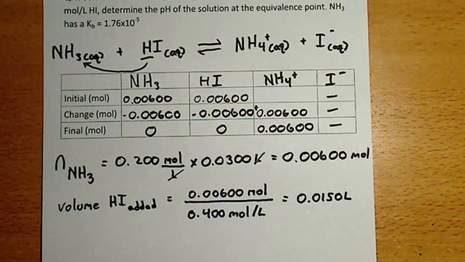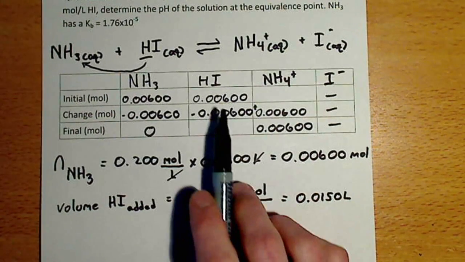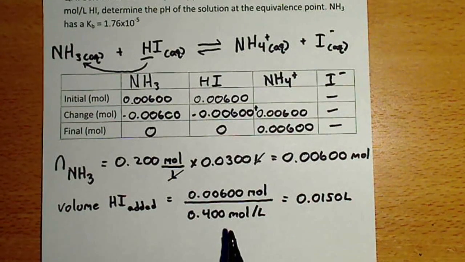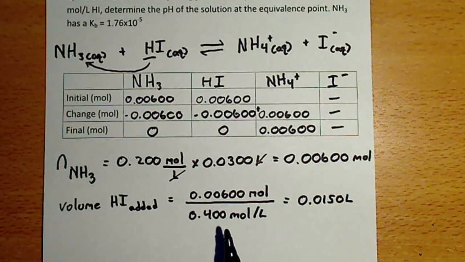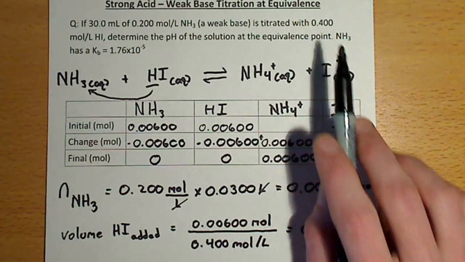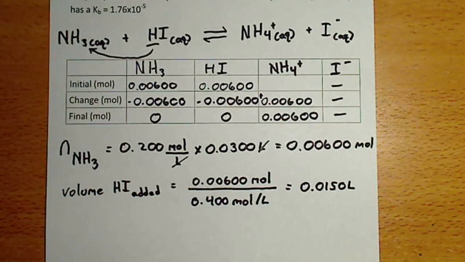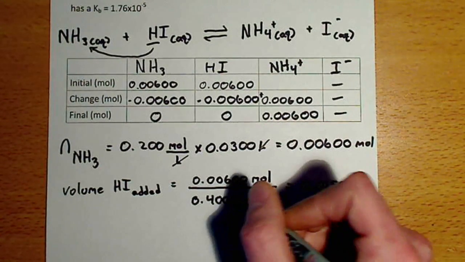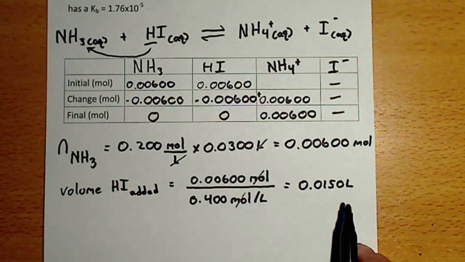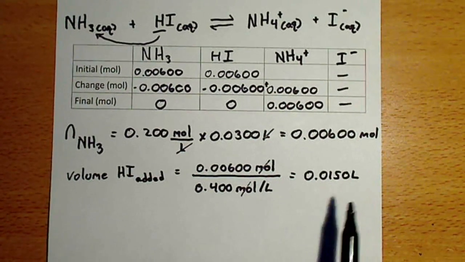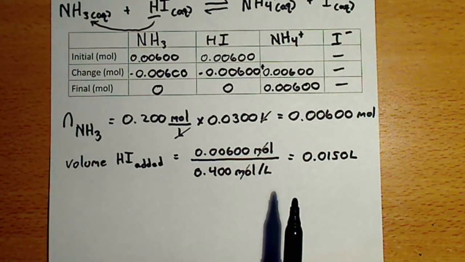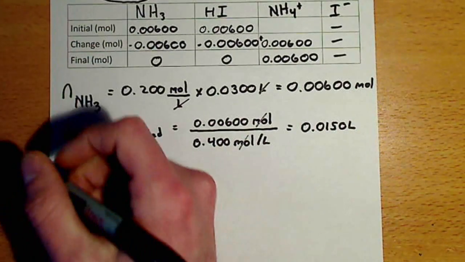To accomplish this task, I'll take the number of moles of hydroiodic acid in my initial column and divide by the concentration that's been provided to me in the question. We can see the concentration is 0.4 mole per liter. By dividing the number of moles by the concentration, moles will cancel, leaving me with a value in liters. So now that I know how many liters of hydroiodic acid I've added, I can determine the new volume of my solution.